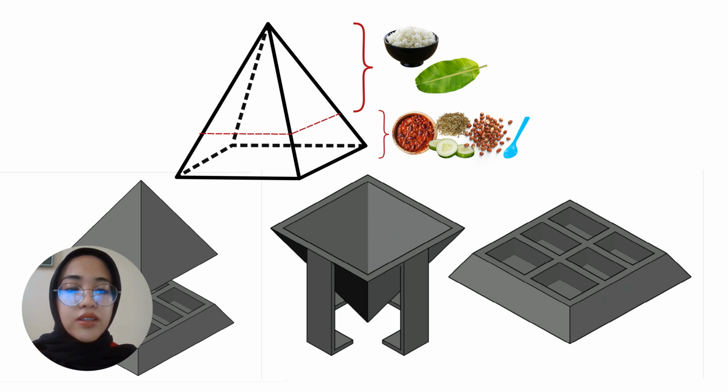So the second picture on the left is how the packaging looks when it is open, while the right side shows how it looks when someone is eating.